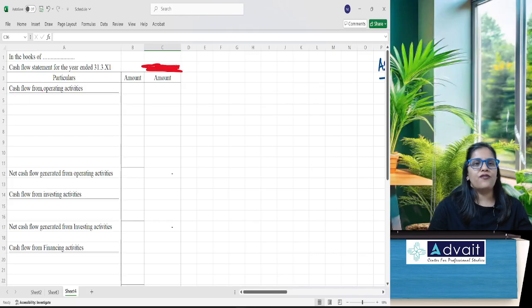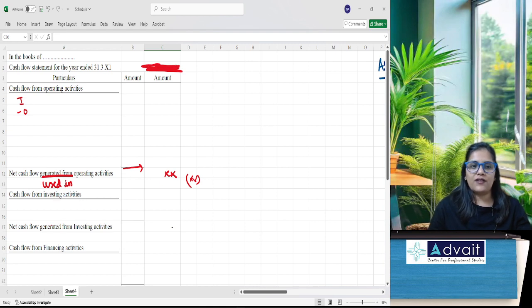We start with cash flow from operating activities. All inflows minus all outflows we will write here. The outer column amount will come here, which says net cash flow generated from operating activities. But if it is a negative amount, then we write net cash flow used in operating activity.